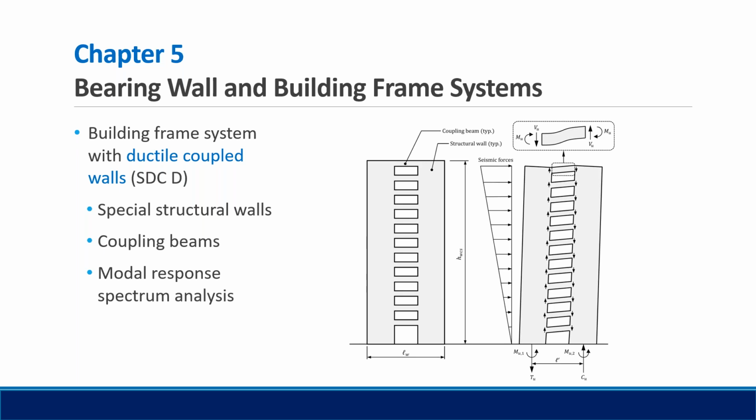It consists of special structural walls and coupling beams that satisfy the criteria in ACI section 18.10.9. The structure in this example is analyzed using a modal response spectrum analysis.